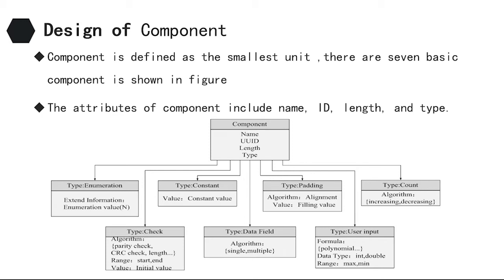The design of component. The component is defined as the smallest unit. There are 7 basic components, as shown in the figure. The attributes of component include name, ID, length, and type. These are basic attributes.